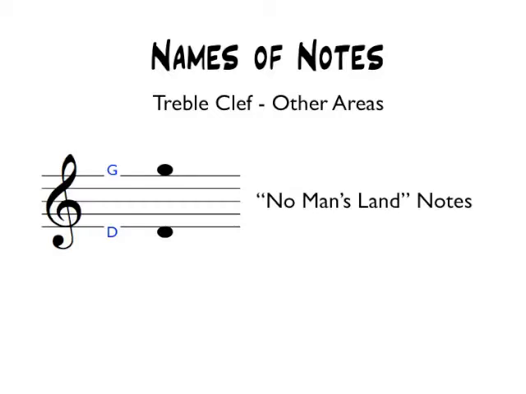Not really a space, I want to clarify that, but just that no man's land. So because the alphabet is going in order with these notes, D, E, so on and so forth, that's why the bottom one is a D. Okay, this will make more sense as we put both clefs together just a little bit later on here.